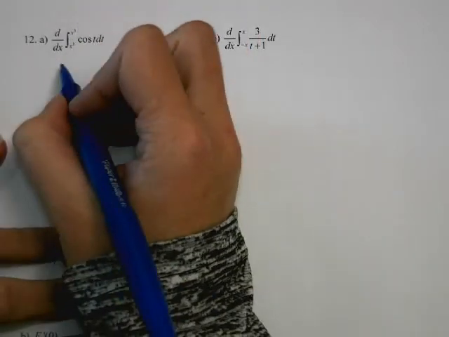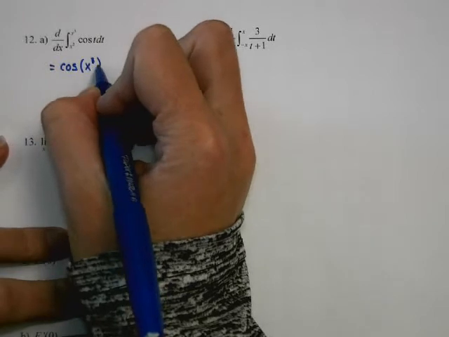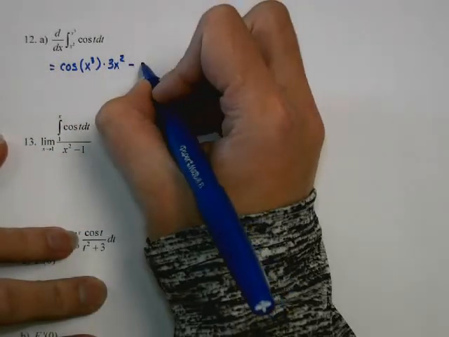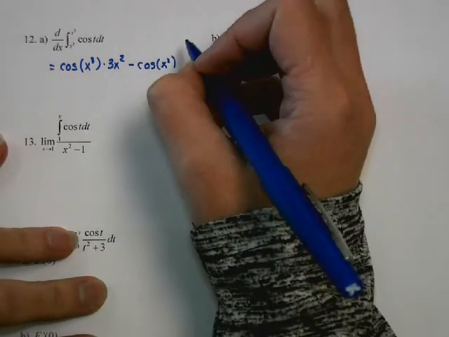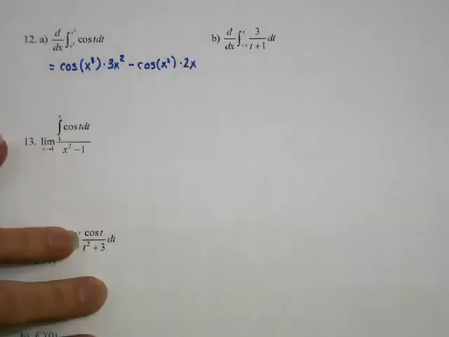So this is going to be cosine x cubed times 3x squared minus cosine x squared times 2x.